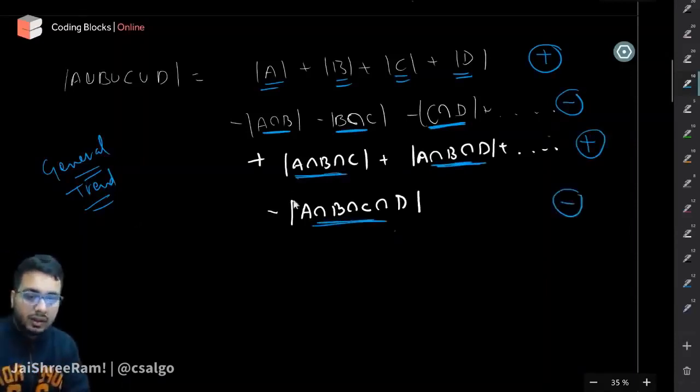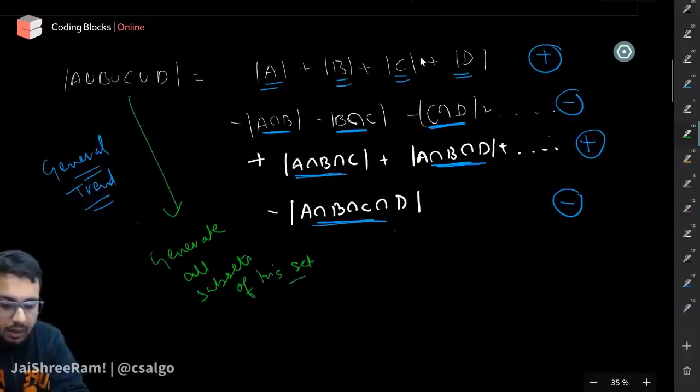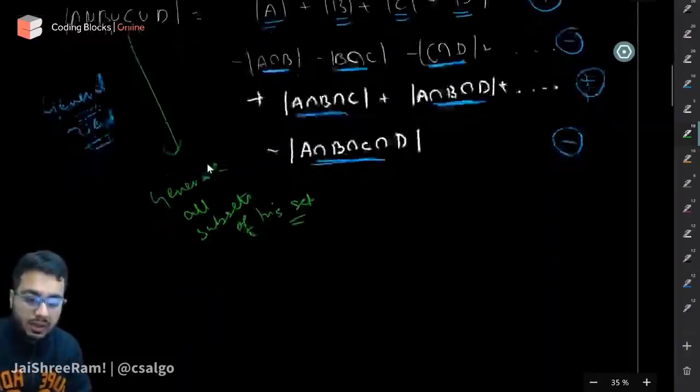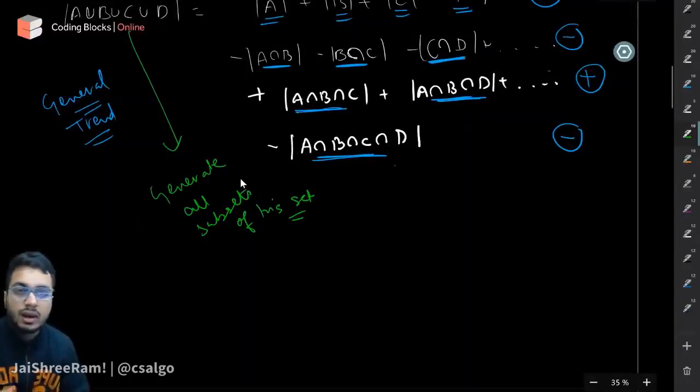So effectively what you need to do is generate all subsets of this set, and if a subset has an odd number of elements, you're going to add the answer for that, and if a subset is going to have an even number of elements, you're going to subtract the answer for that.